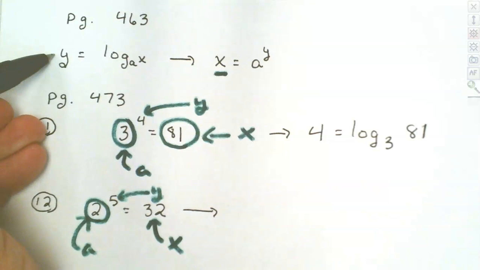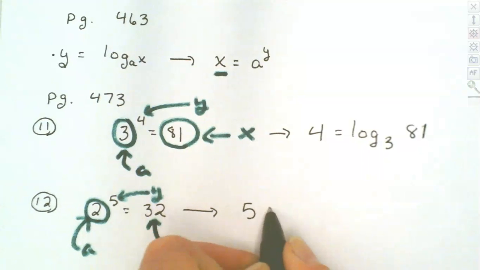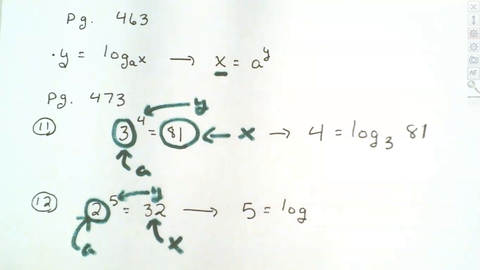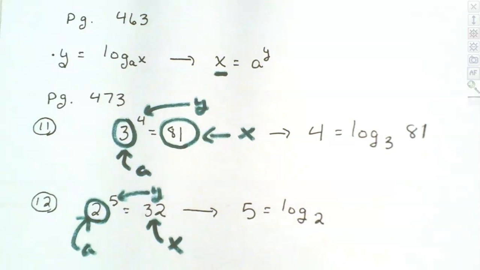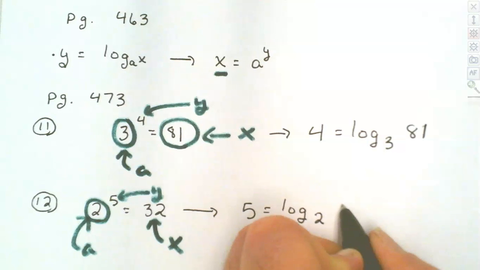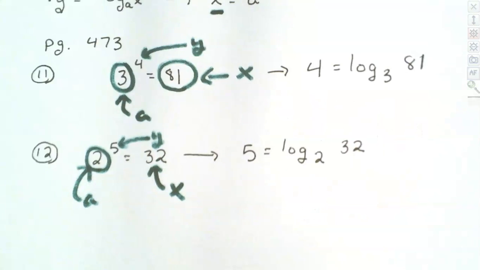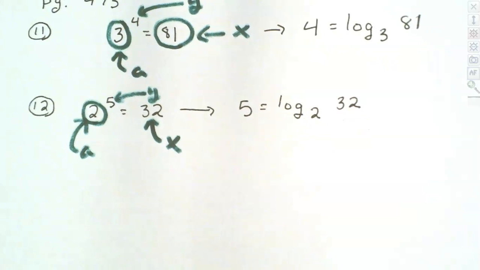When we look at our formula, the y is first. So what was our y? Our y was 5. Then we need our log. And what's the base of our log? The base of the exponent, which is 2. And what is our x value? 32. So we transformed that exponential to a logarithm.